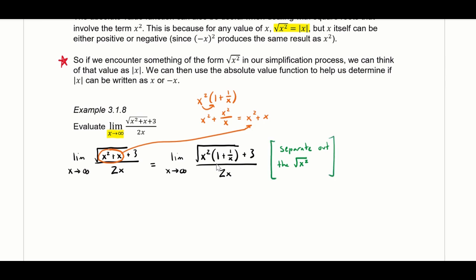So I'm going to put this in brackets, and I'm going to make a note here. If I have the square root of something like a times b, the nice thing about this product under a square root is I can break it up. I can rewrite this as the square root of a times the square root of b. Those are equivalent in terms of their value for a given a and b.